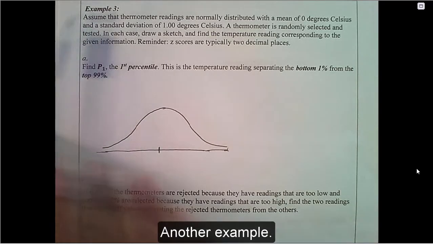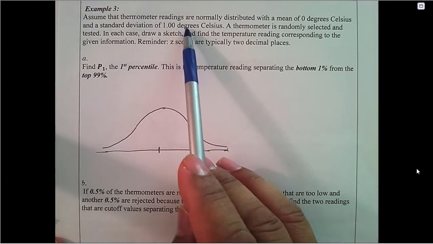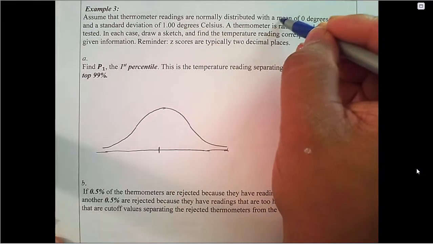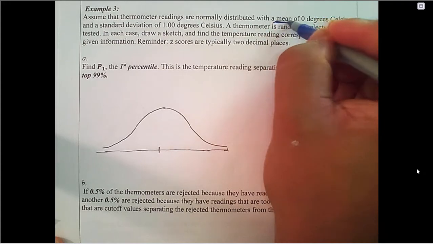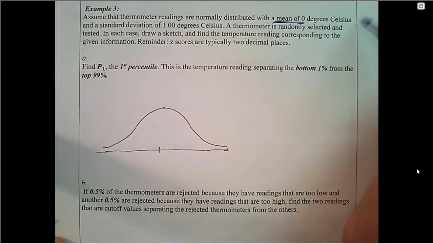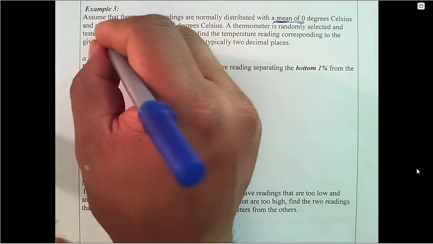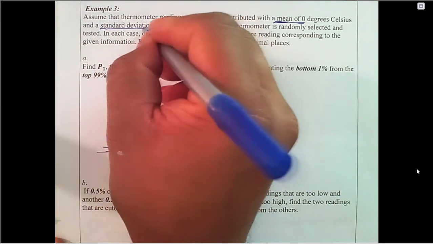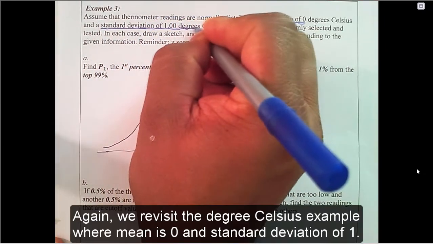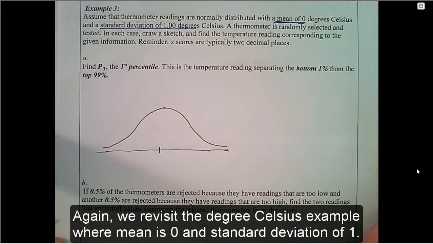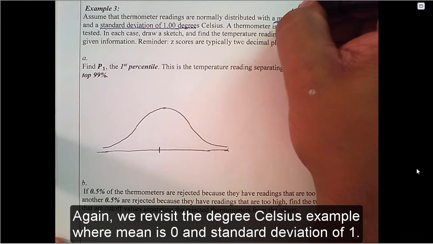Another example. Again, we revisit the degrees Celsius example where mean is 0 and standard deviation of 1.